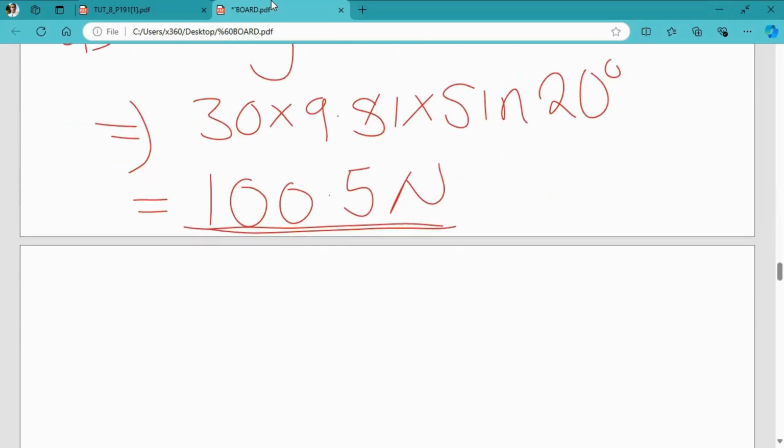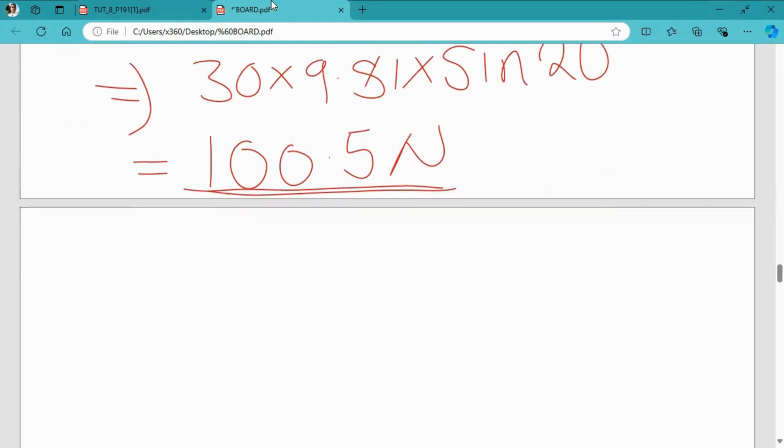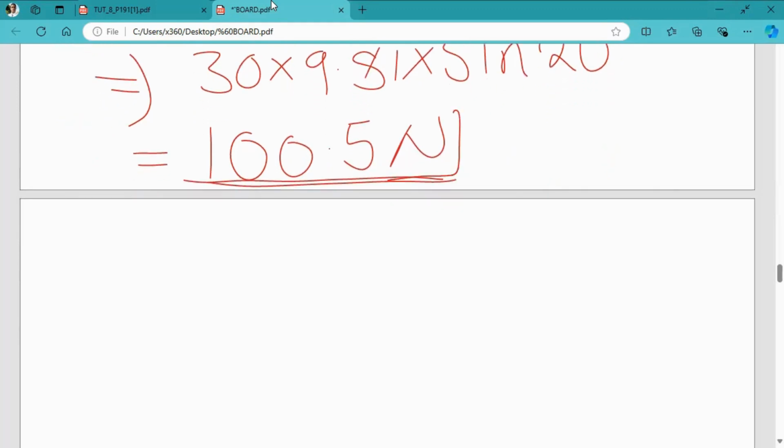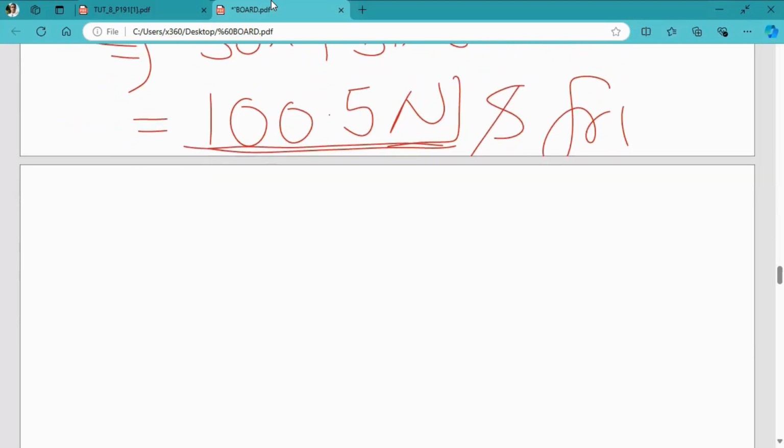So if that is the force that we have, how are we going to calculate the net force? The net force will actually be equal to the difference between these two forces. How much force is causing the object to slide down? We've been given this same force and the frictional force. So the difference between these two will give us the net force that is causing acceleration down the incline.